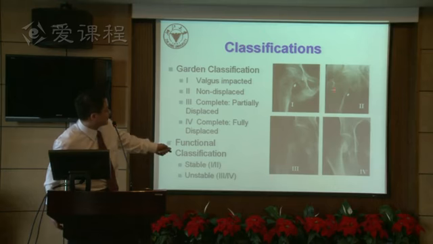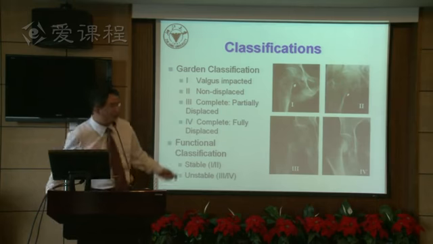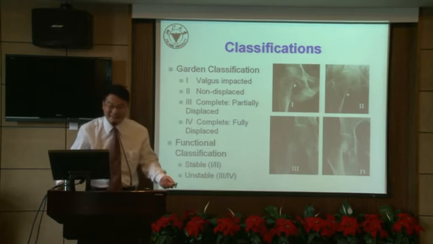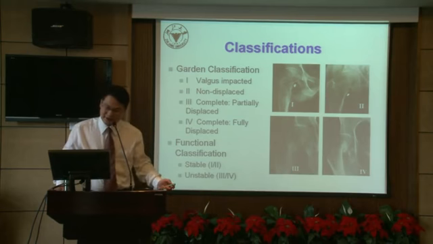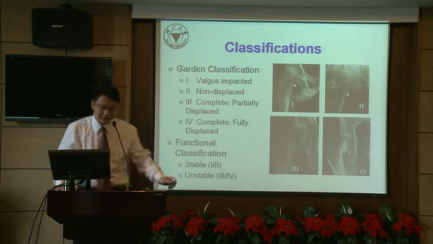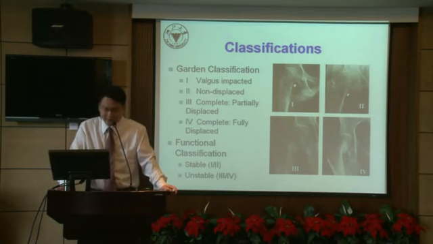For Garden type 2, you will see a non-displaced but complete fracture of the femoral neck, roughly here. Type 3 is a complete and partially displaced fracture of the femoral neck here, and type 4 is a completely dislocated, fully displaced fracture of the femoral head.